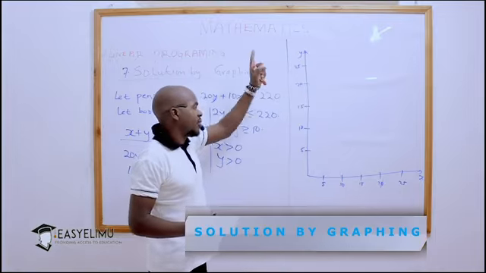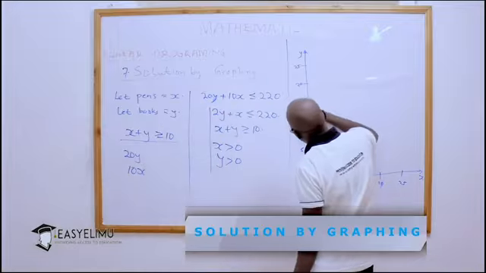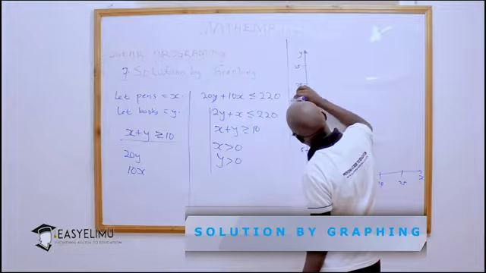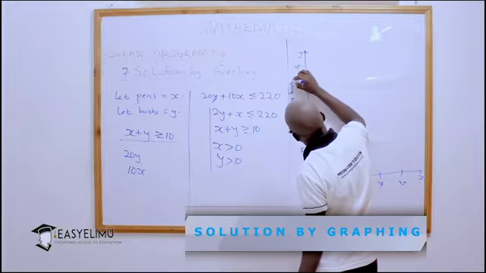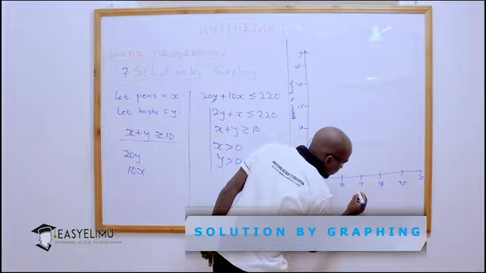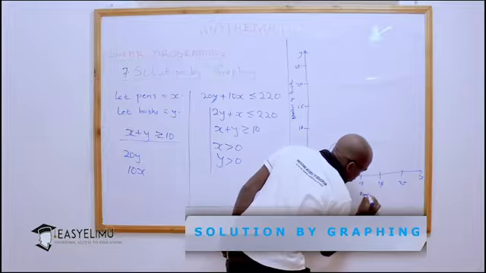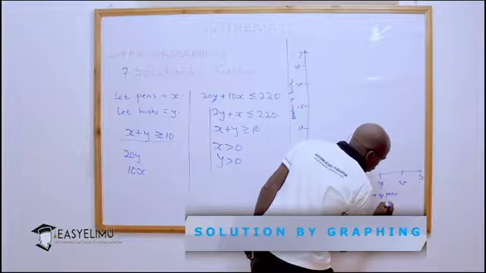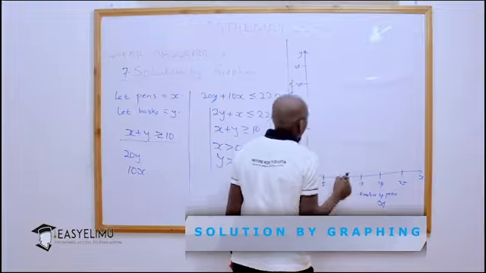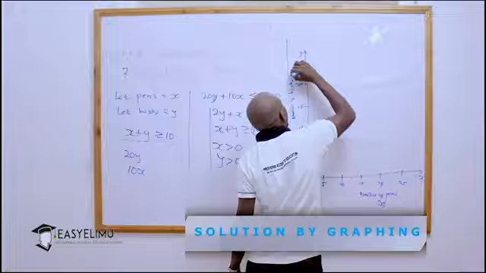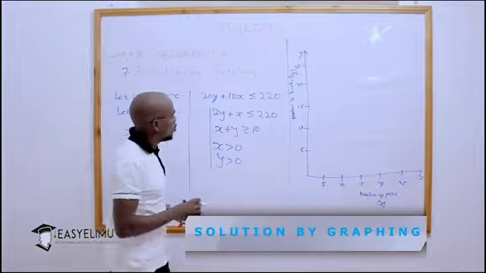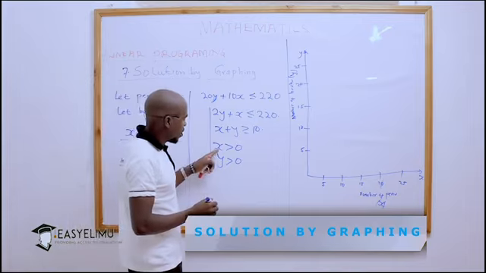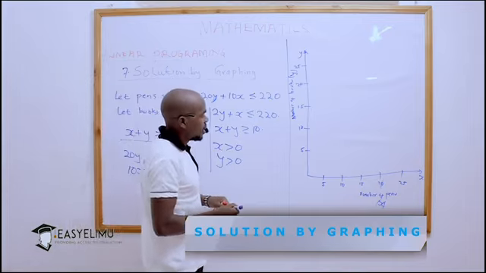Let the y-axis represent the number of books bought, and the x-axis represent the number of pens, which means this will be x and this is y. On doing that, we can plot x greater than 0.